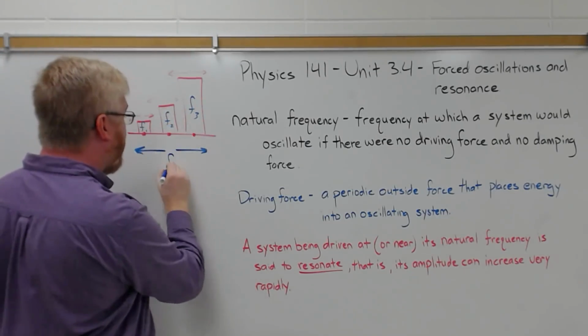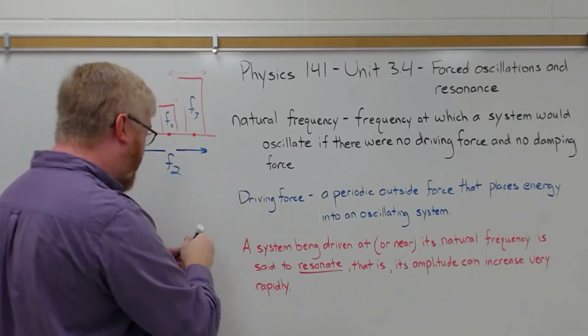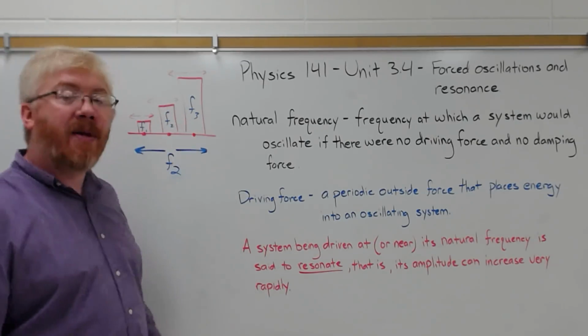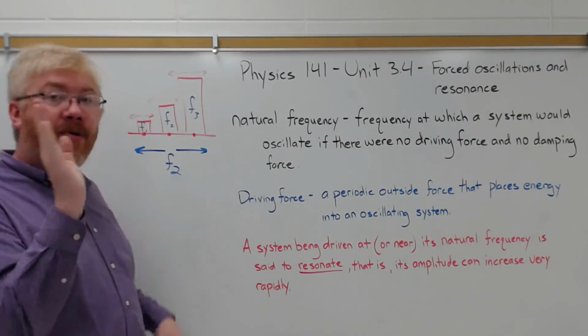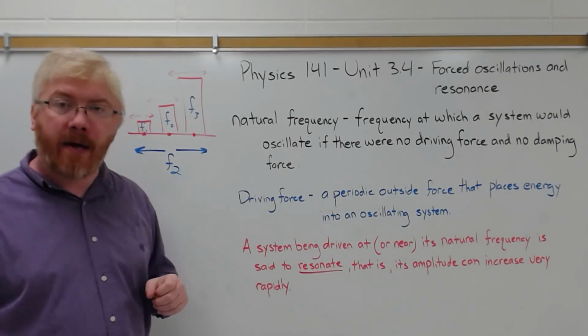If the frequency of the earthquake, let's say F2, is close to the natural frequency of mid-sized buildings, then mid-sized buildings undergo resonance in that their shaking amplitude gets bigger and bigger and bigger with each push from the earthquake.